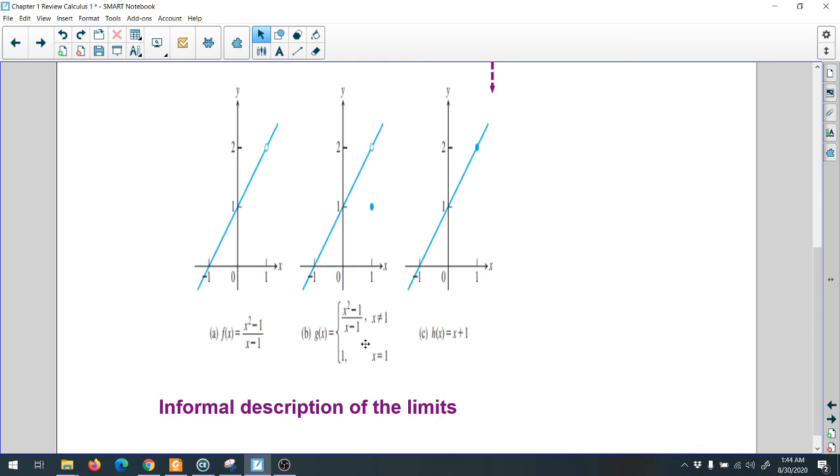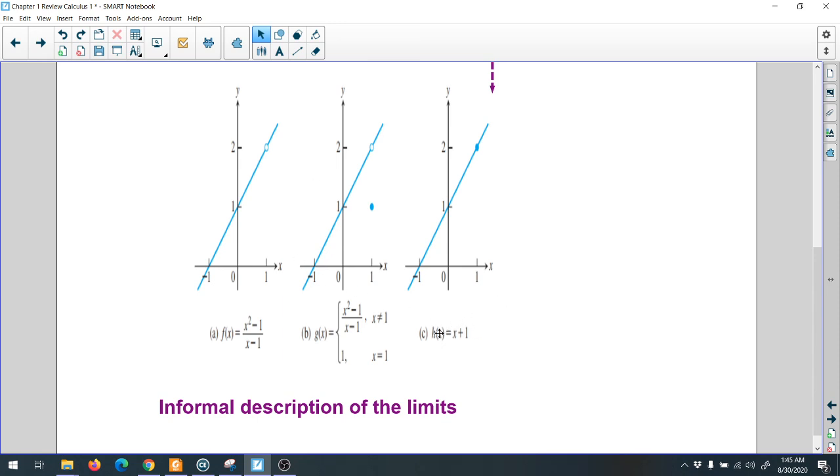When x equals 1, we make it equal 1. So this function is kind of crazy, because when you come closer to 1, you jump over here to have the value. So the value of the function when x equals 1 is 1. F of 1 equals 1. But the limit of the function when x approaches 1 will be 2.